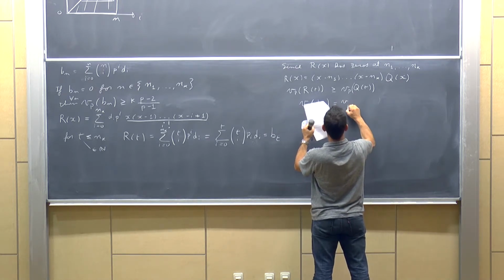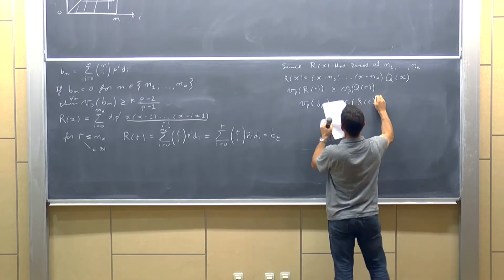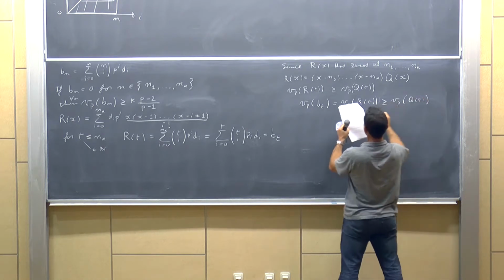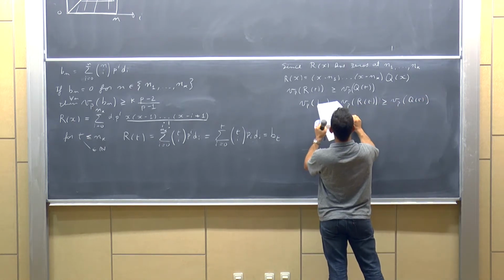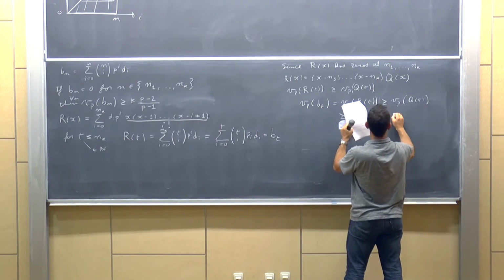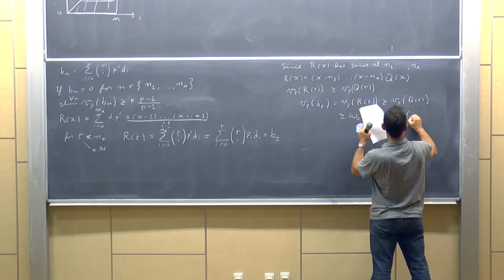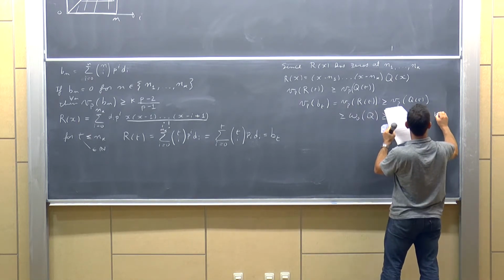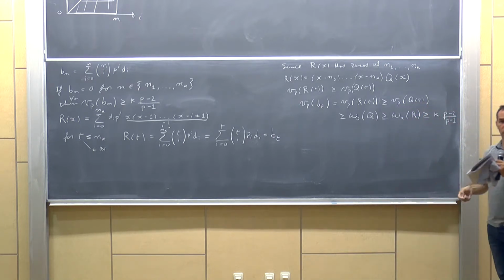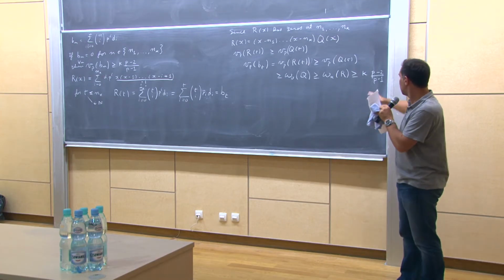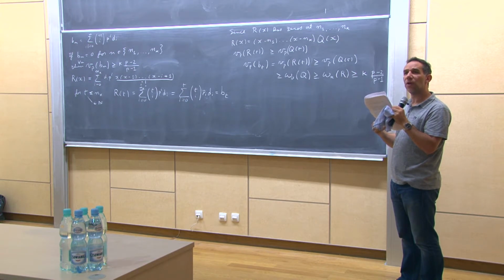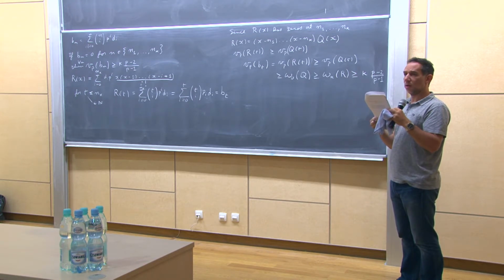So it's equal to the p-adic valuation of r of t, which is greater or equal to the p-adic valuation of q of t, which is greater or equal to omega 0 of q, which is greater or equal to omega k of r, which is greater or equal to k times (p minus 2) over (p minus 1). Okay, this was this result that we thought we had a counterexample for earlier. Does that make sense?